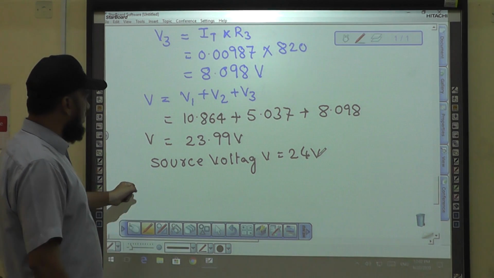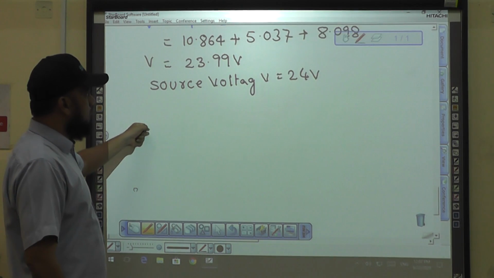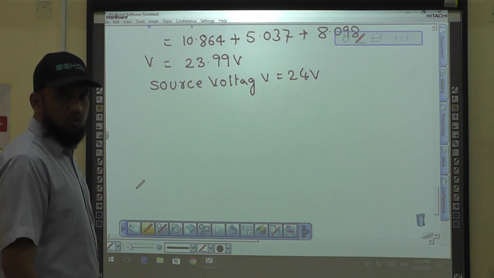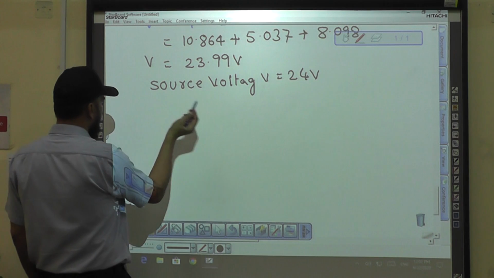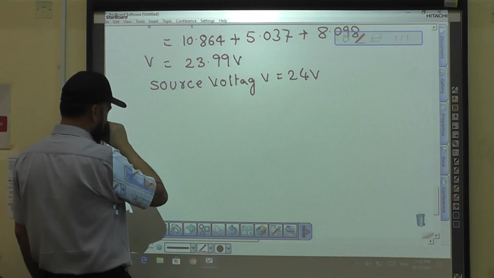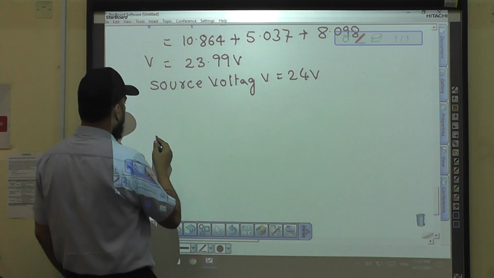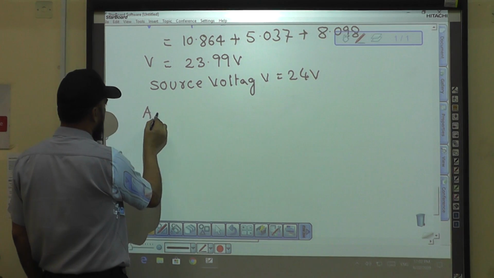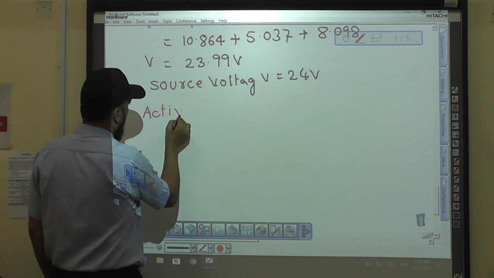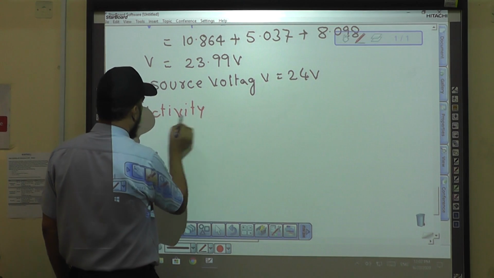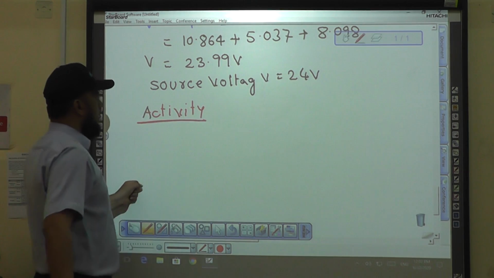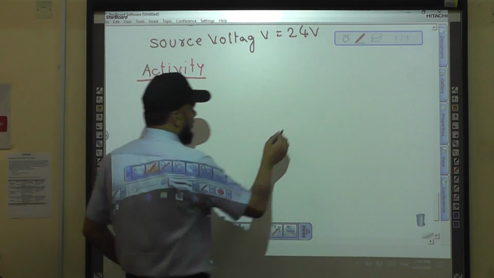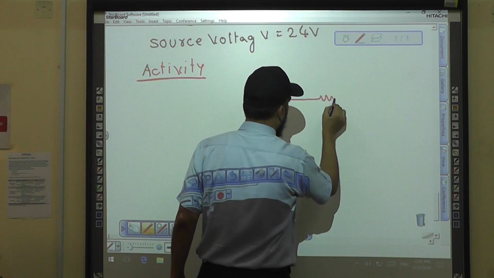Now I am giving you an example, which you have to do and send to me on WhatsApp. The question is an activity. In this activity you have to make sure to solve it yourself.